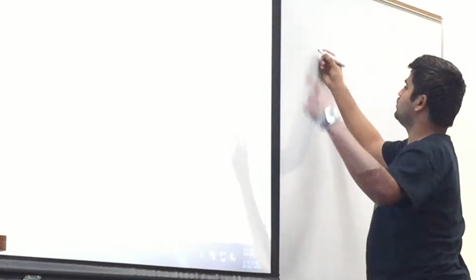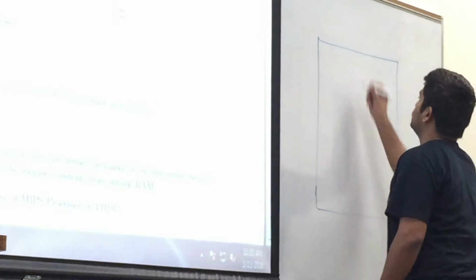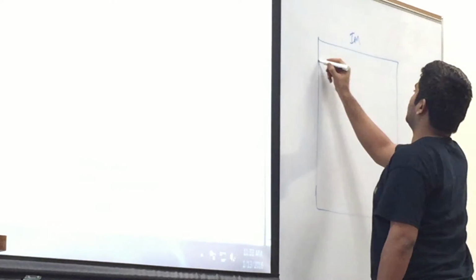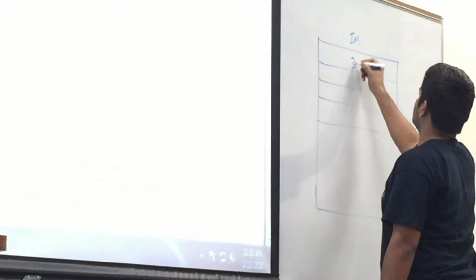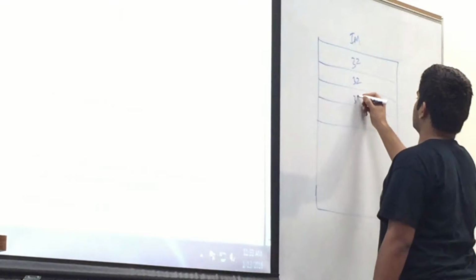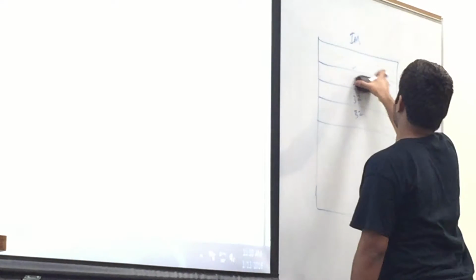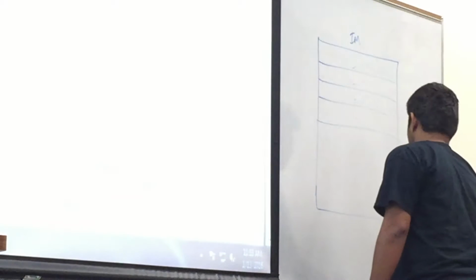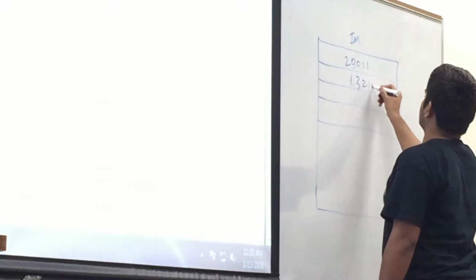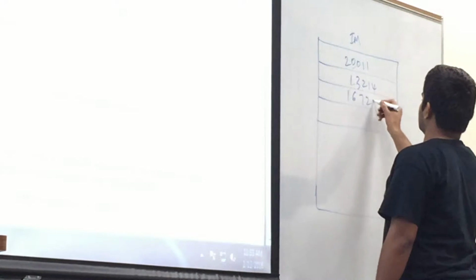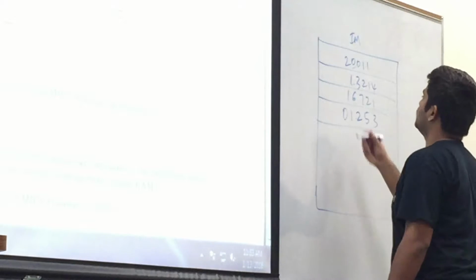So next block is instruction memory. As I told before, your instruction memory will be having hard-coded values, 32-bit length. Say it might have initially, okay.